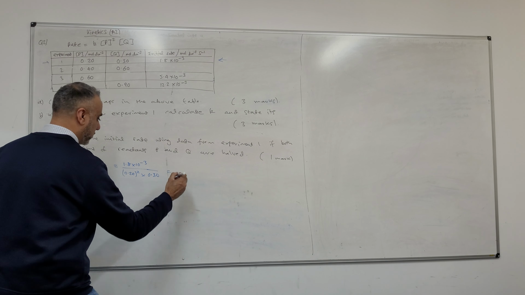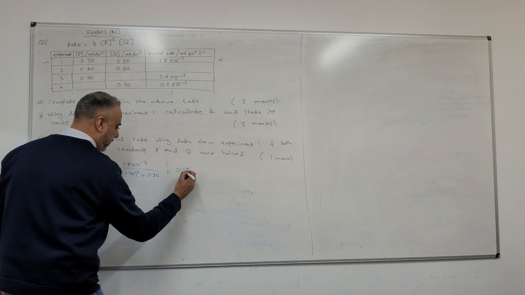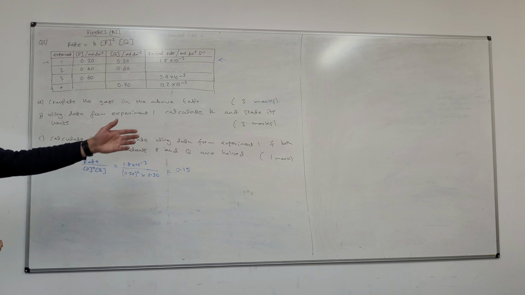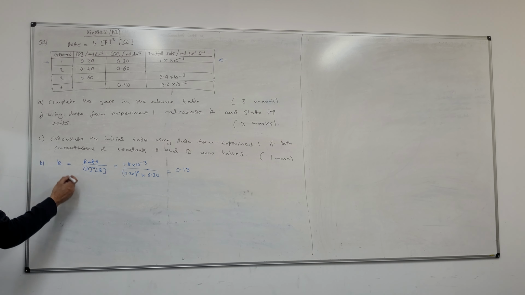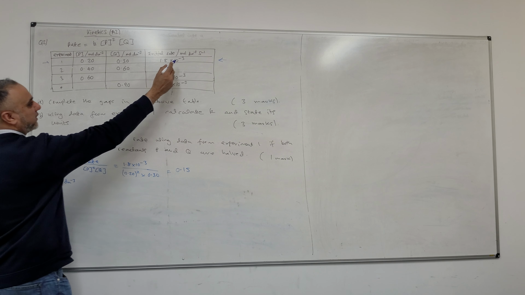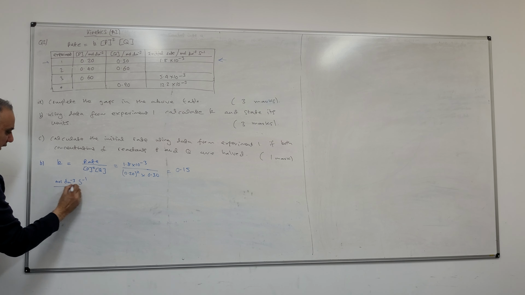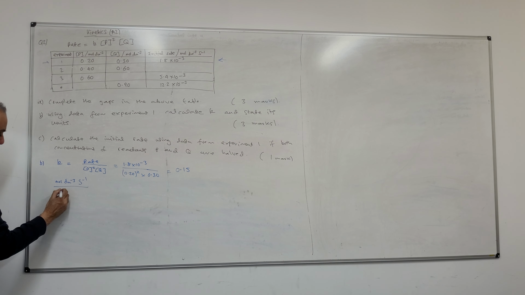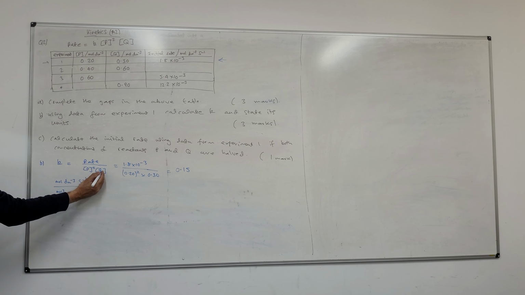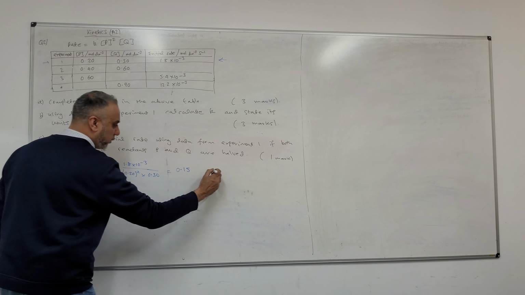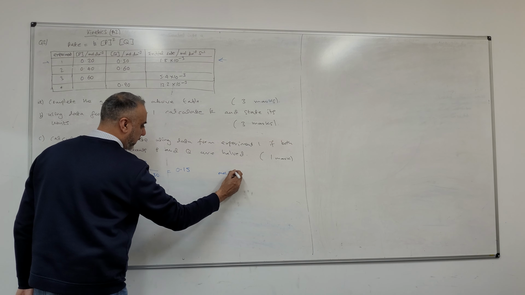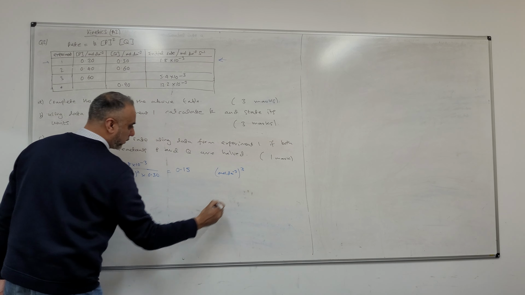Yeah? So it's 0.15. Now the units of K you already had practice earlier on, so we'll just go in the corner, mole dm to the minus 3. If you've forgotten it, it's still in the table. Over this, which will be mole cubed, because it's 3 power, yeah? And once again, if you are having an issue with this, don't worry about that.